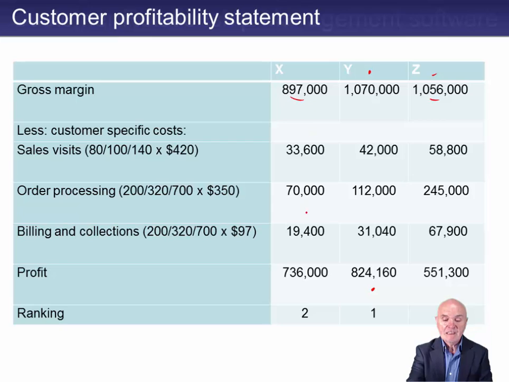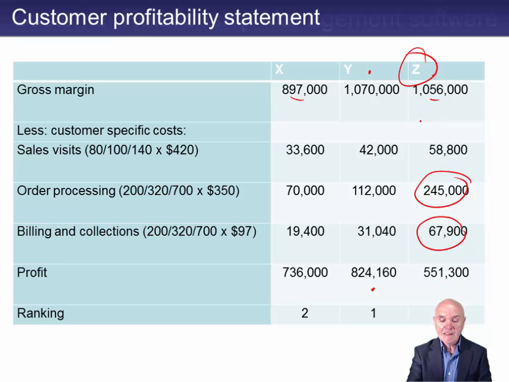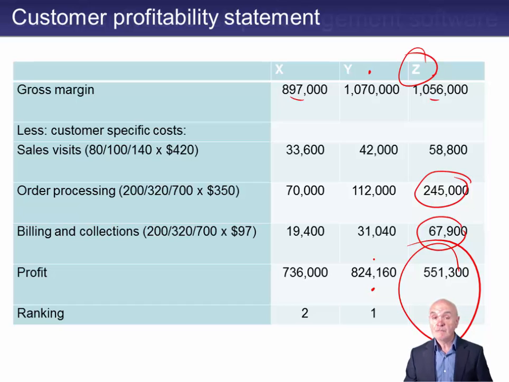But by the time we take all of these costs into account, particularly these order processing and billing costs, we found out that poor old Z comes out a very sorry third. And what we might have to do is to charge this customer more, or we might go to them and say, look, we're going to have to charge you more unless maybe you place fewer but larger orders in some way.